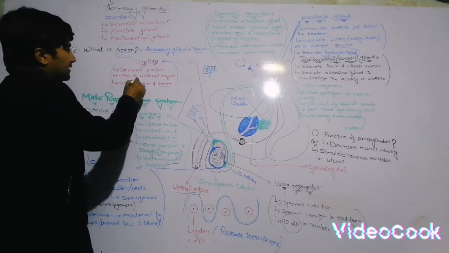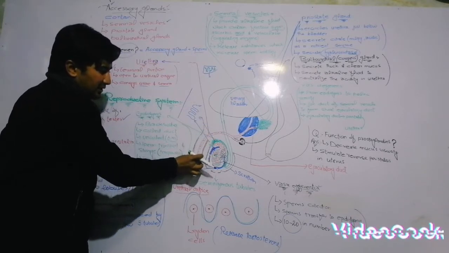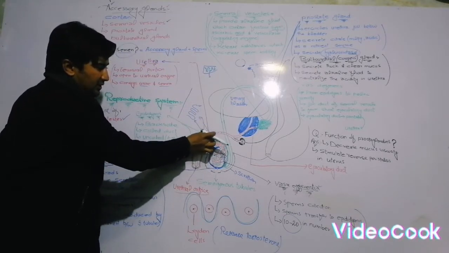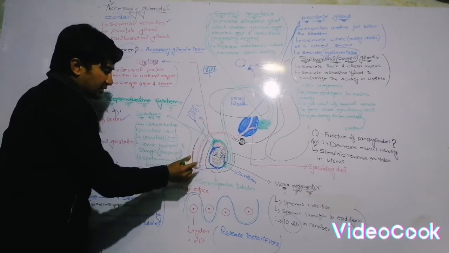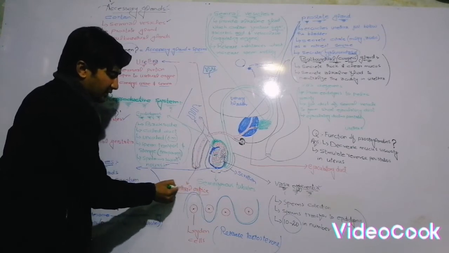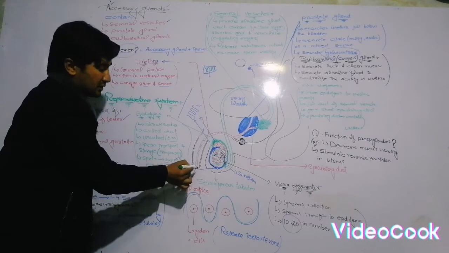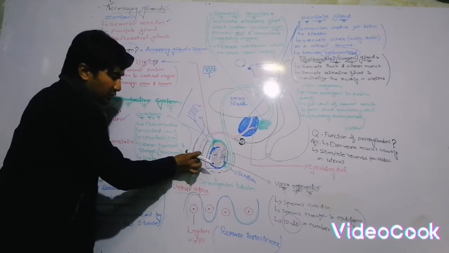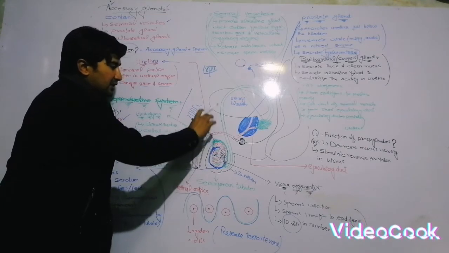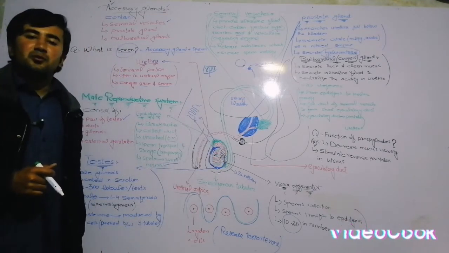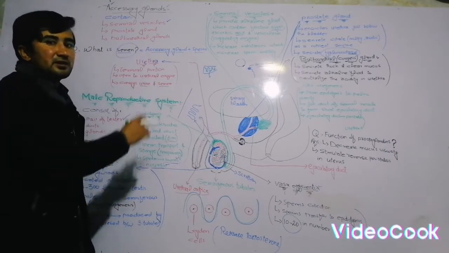This is the terminal portion, and the terminal portion of the urethra is called the urethral orifice. This is the utmost last portion of the urethra, and the urethra is the last portion of the male reproductive system where urine and semen excrete out of the body.